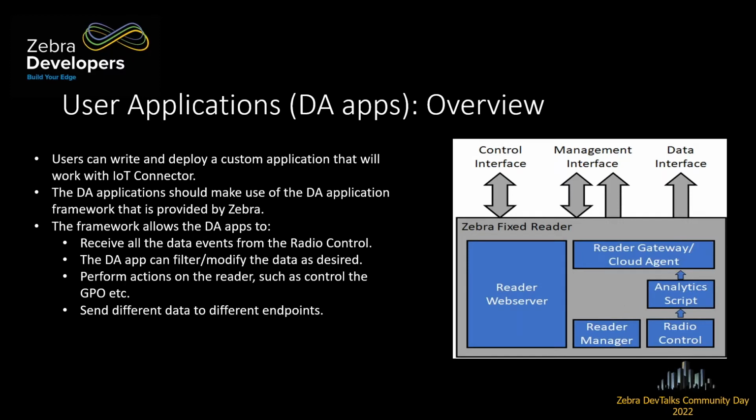There's a spreadsheet and you want to directly insert data such that it is listed in different columns automatically. So you can format your data accordingly and send it out. The data gateway will promptly send it out to the keyboard emulation endpoint or any other endpoint that you might have configured. So all that can be done by the analytics script.